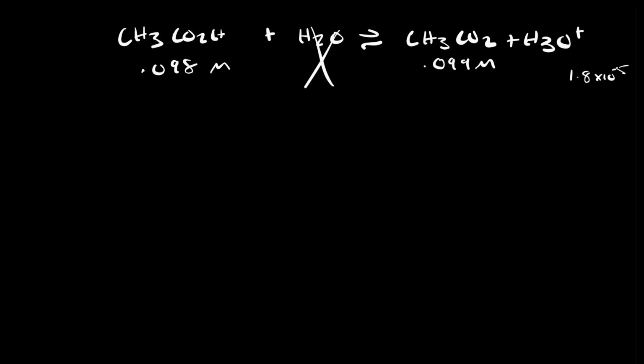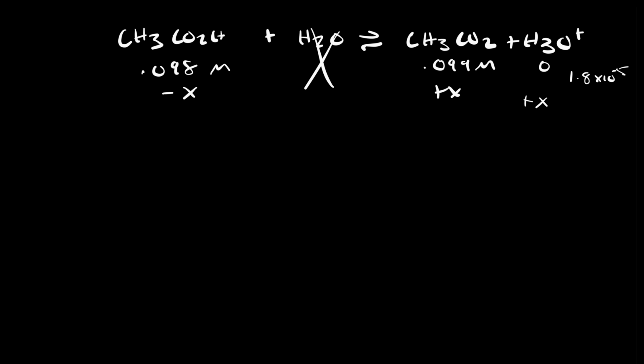Okay, so I rewrote the problem here. And so now we want to find the pH. So same idea here, minus x, plus x, plus x. And of course, the initial amount of H plus is 0. Same thing here, 0.098 minus x. This one will be 0.099 plus x. Here we also have plus x.